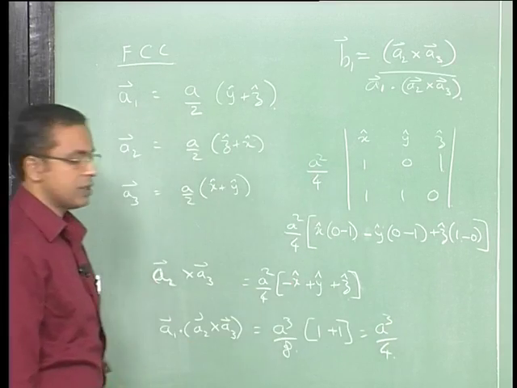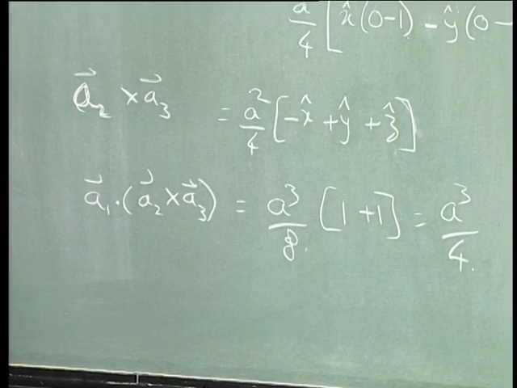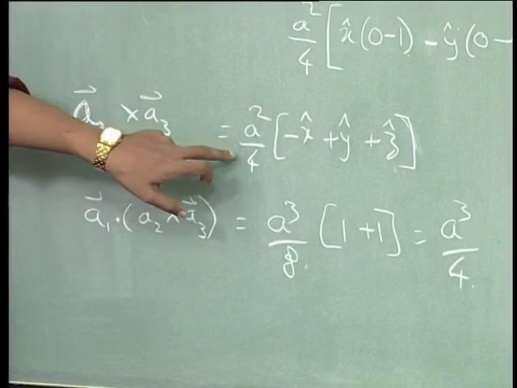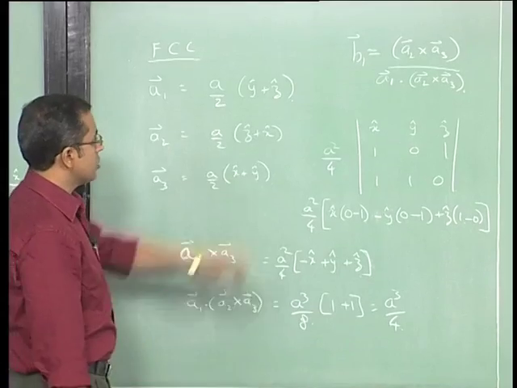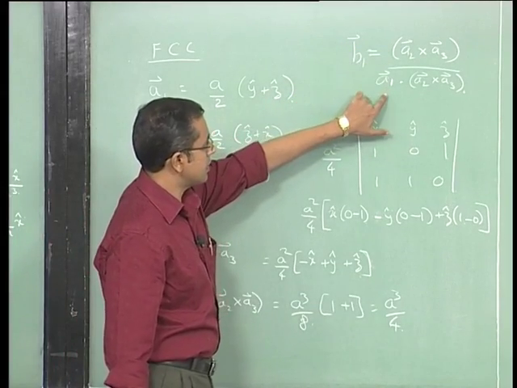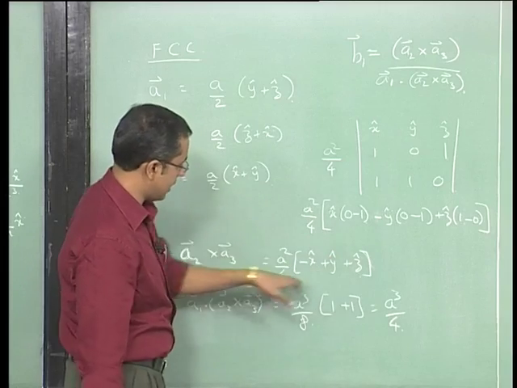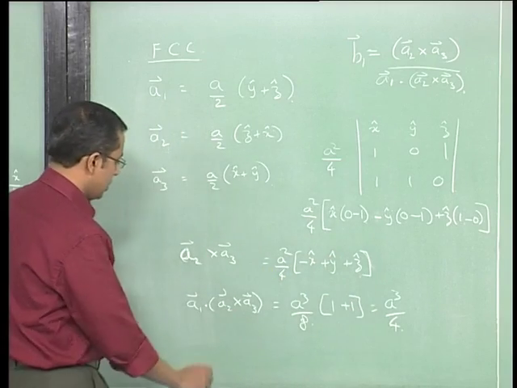This a cube by 4 is the volume of this unit cell. If you divide A2 cross A3 by this volume, you are simply dividing this entire term by a cube by 4.